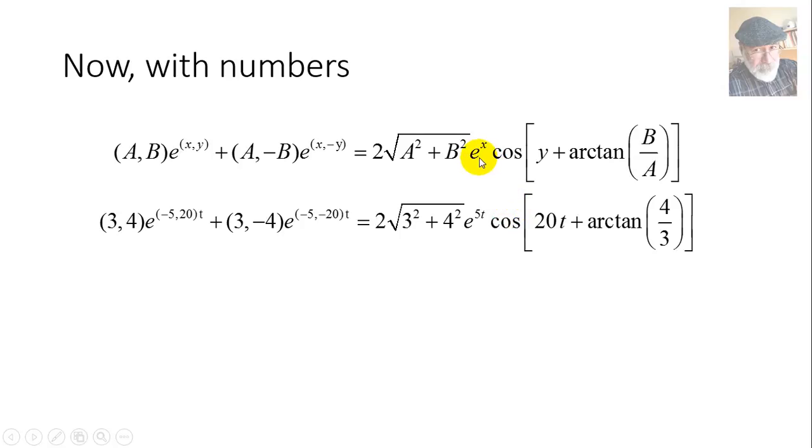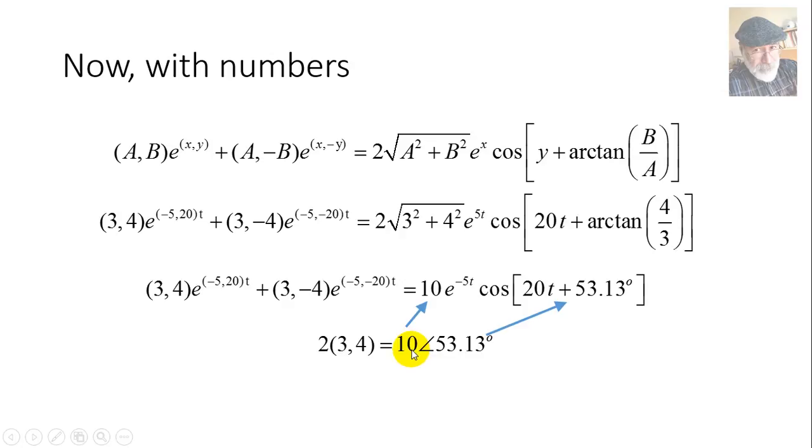And the exponential with the decay will be e to the negative 5t. Oh, there is a negative sign missing here. e to the negative 5t, please fix it. Times the cosine of 20 times t. Yeah. And the arctangent of 4 over 3. We find these values, the amplitude and the phase shift, directly like this.